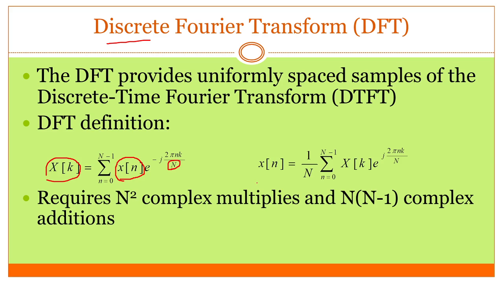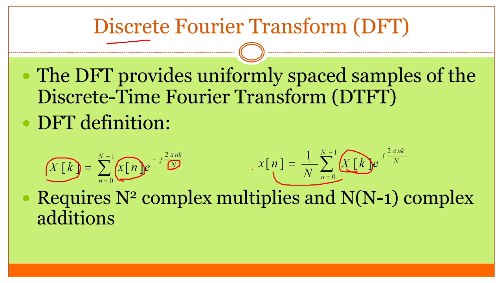Okay, in the DFT, we are converting the time domain sequence into the frequency domain. And if you have a sequence in the frequency domain, we convert it into the time domain by writing a formula. What is the formula?